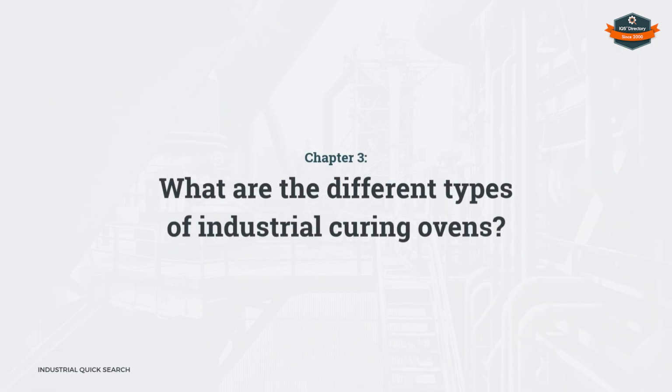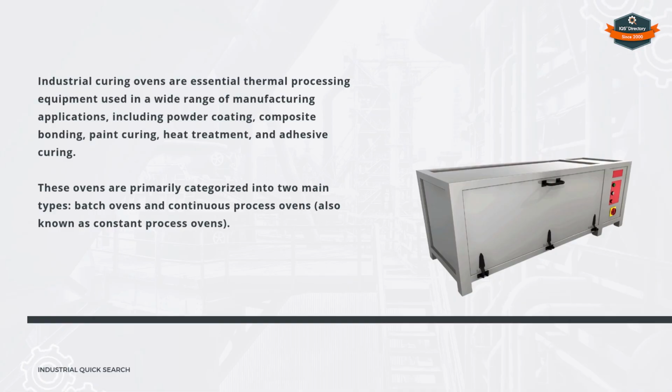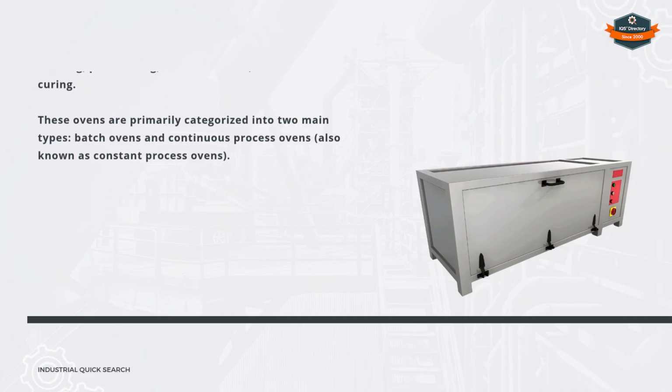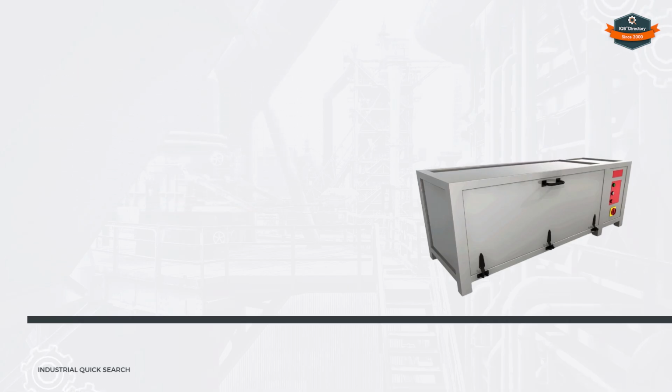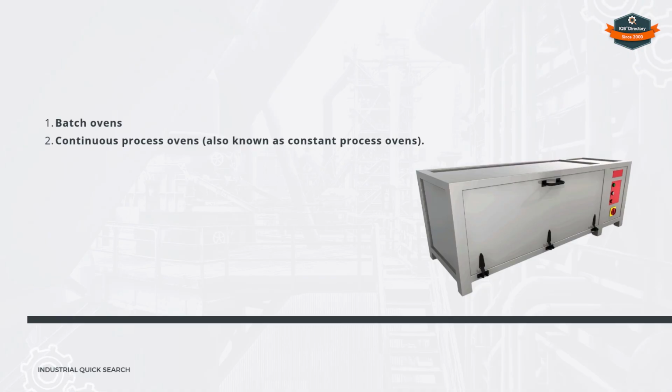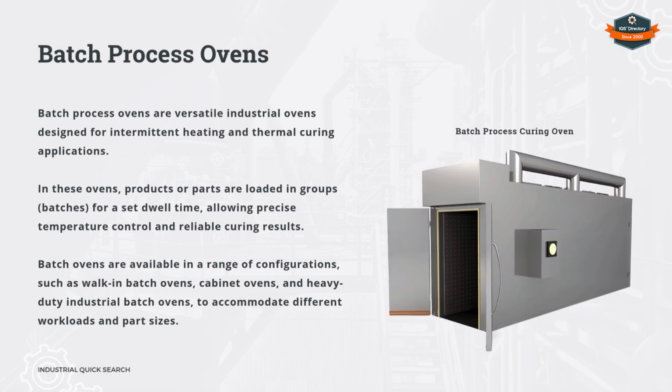Chapter 3. What are the different types of industrial curing ovens? Batch process ovens.